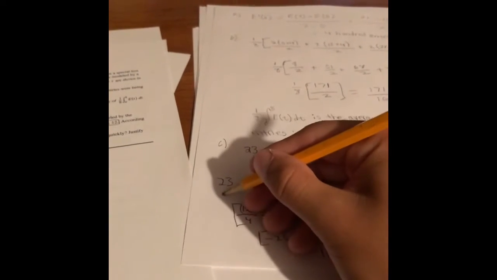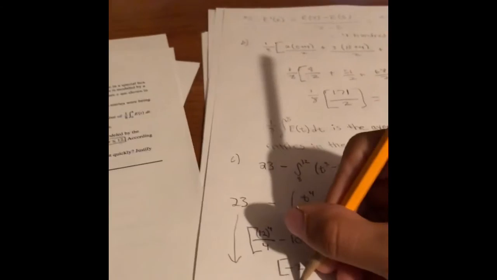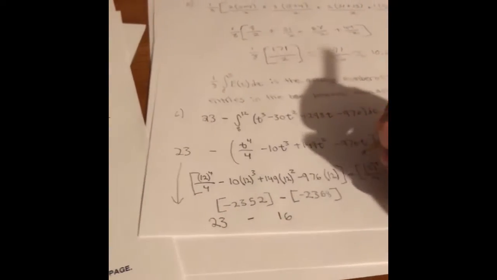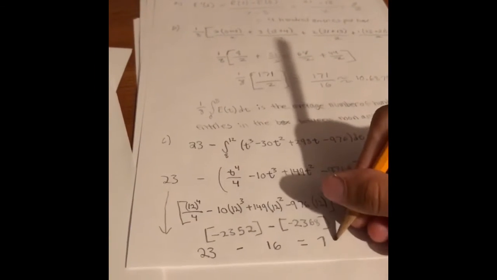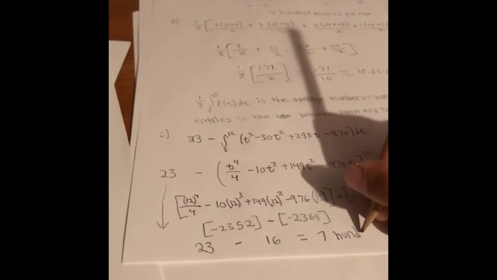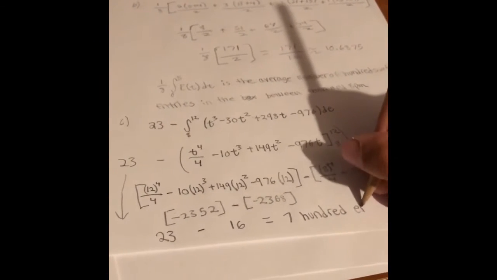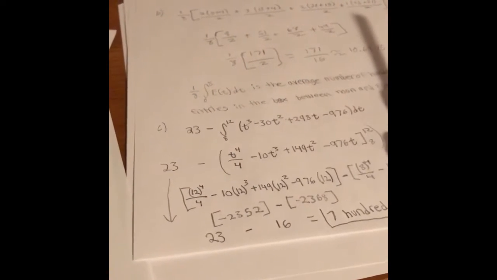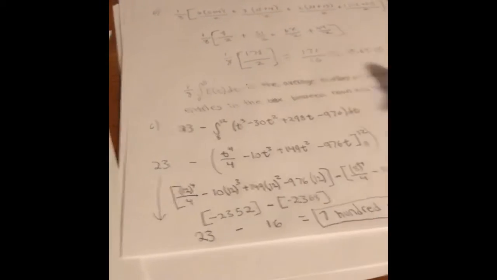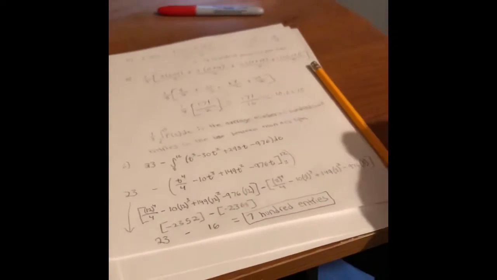And so with our given, write down the 23 from the given amount at 8. So we know it's 23 minus 16, which gives us 7,000 entries, and that is our answer. That's part C.